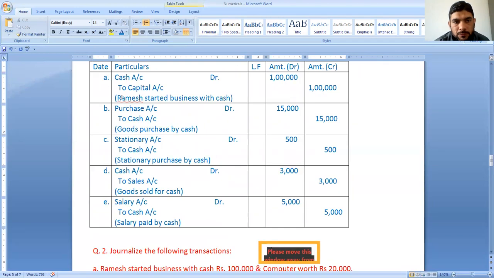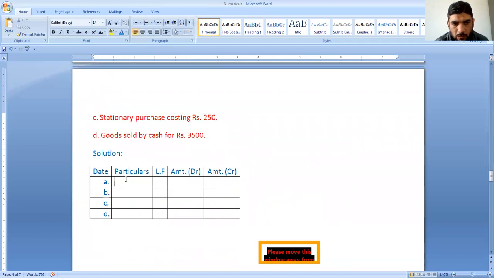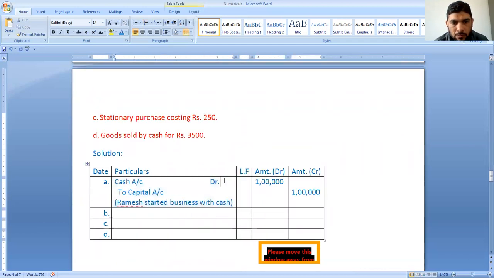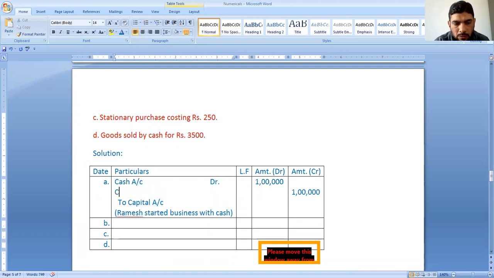So the first entry will be cash account debit and computer, which has also been brought by him, computer account debit for rupees 20,000, and then the sum of 1,20,000 has been transferred to the capital account.